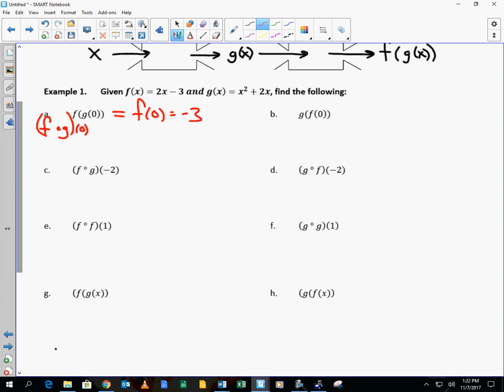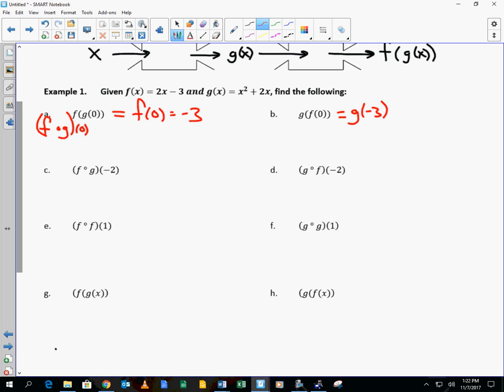Okay, now let's switch it. We had f of g; here we have g of f. So they switch places. Is 3 times 5 the same as 5 times 3? Yeah, that's the commutative property of multiplication for real numbers. Well, this isn't multiplication, and this isn't real numbers. This is composition, and it's functions. So commutativity might exist. It might not. Let's see. Plug 0 into f, and we get -3.